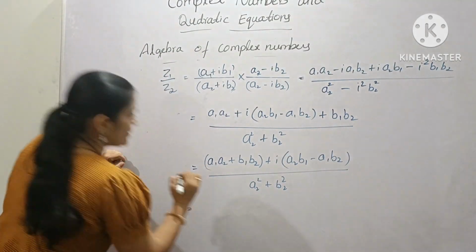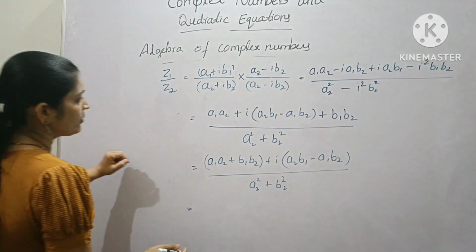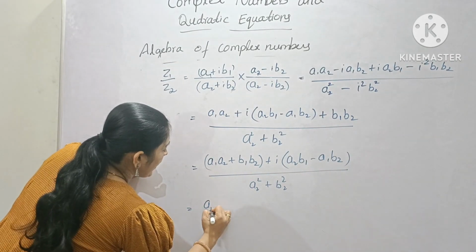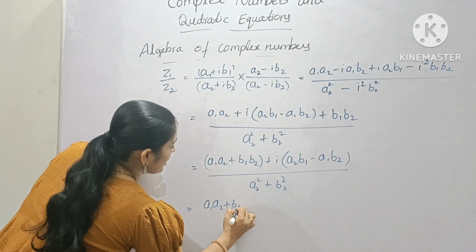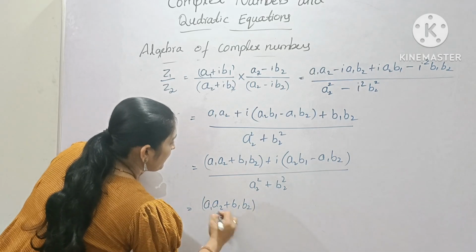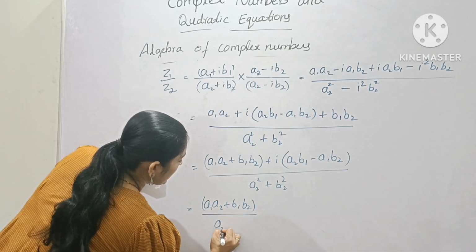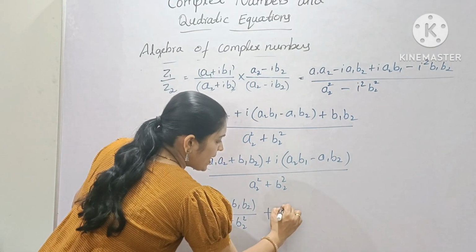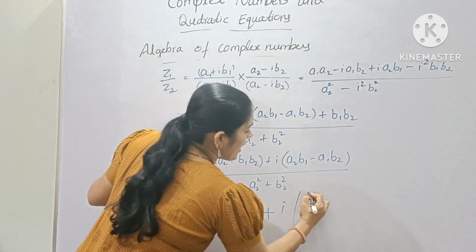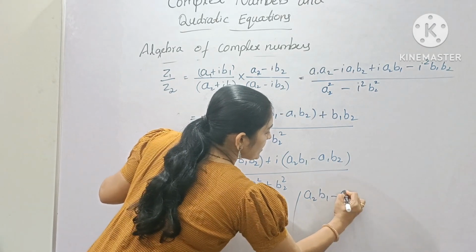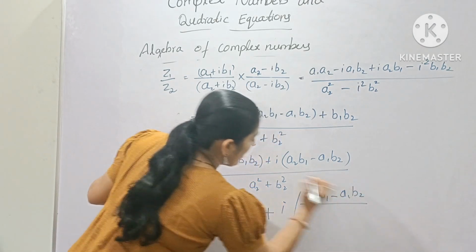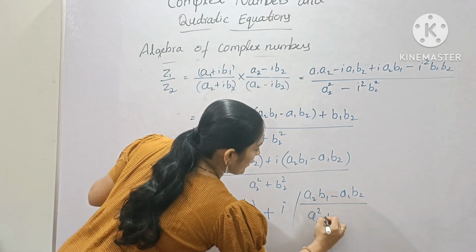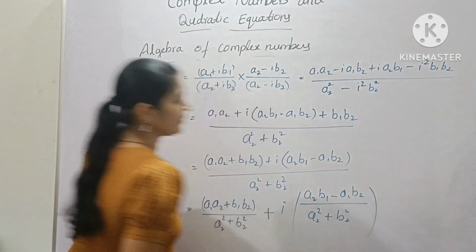Now we can write it once more as (a1 a2 plus b1 b2) divided by (a2 square plus b2 square), which is a real part, plus i into (a2 b1 minus a1 b2) divided by (a2 square plus b2 square).